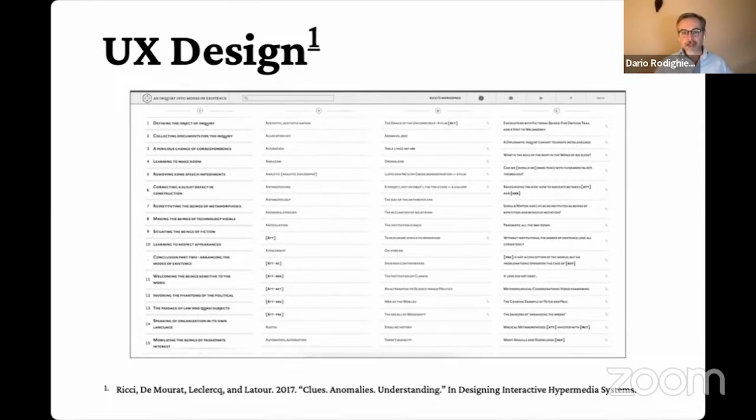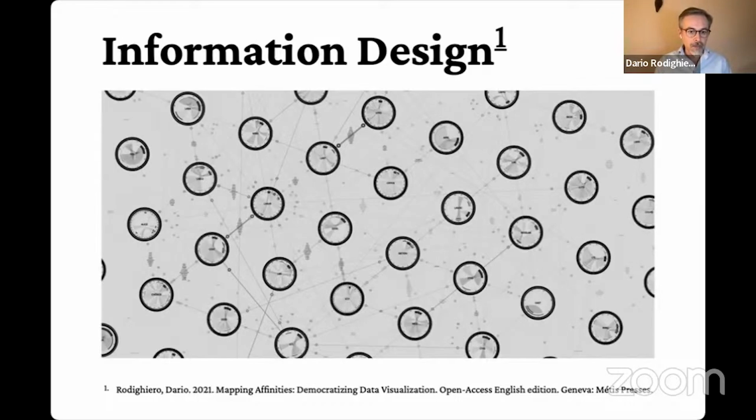But again, UX design. The next step came with the PhD. I moved to Lausanne. I got my PhD at EPFL with Frédéric Kaplan and Boris Beaude, and I was working on this mapping of affinities. But I was always working with information from different perspectives.